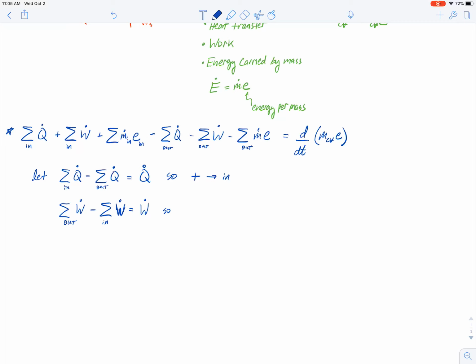So we're saying a positive rate of work is work that's being done by the system on the surroundings. So the same sign convention as we used previously for control systems.